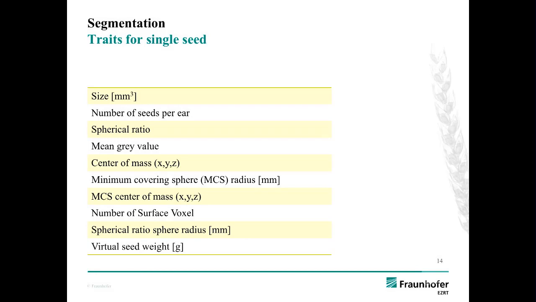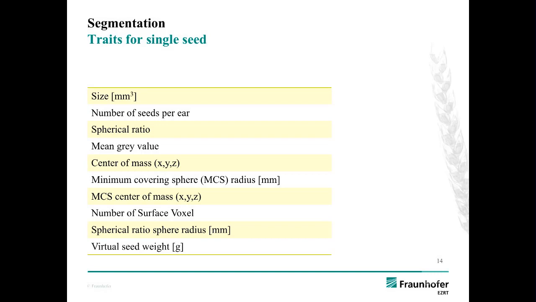We calculated the number of seeds per ear, the spherical ratio of the seeds, so you know how elongated they are or how round they are, the mean gray value, which gives you a quite good approximation of the density, the center of mass, so you also know where the seeds are placed in the ear, so you can also have a distribution of the size of the seeds over the space.